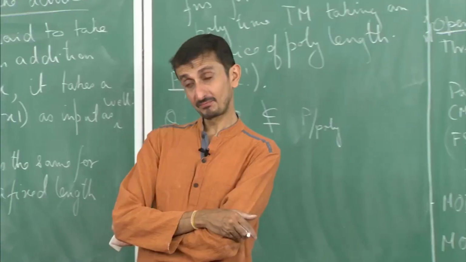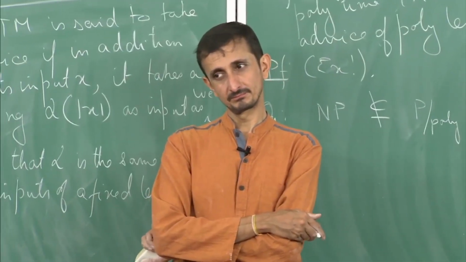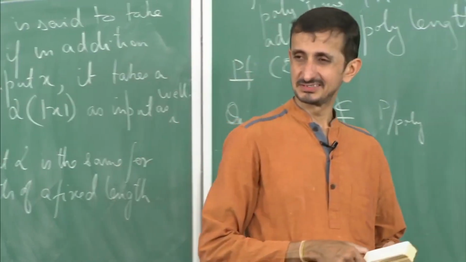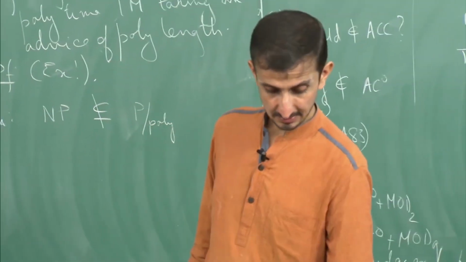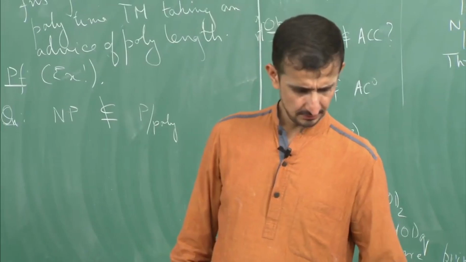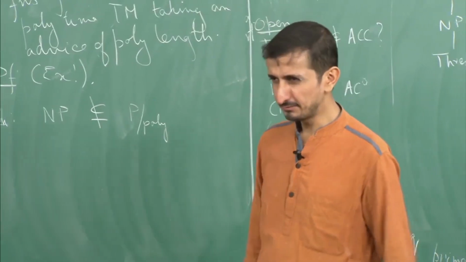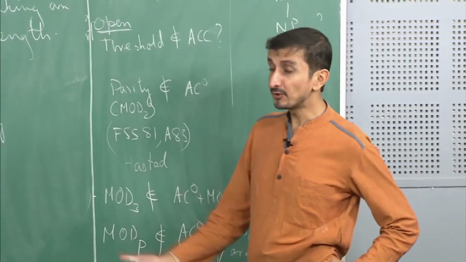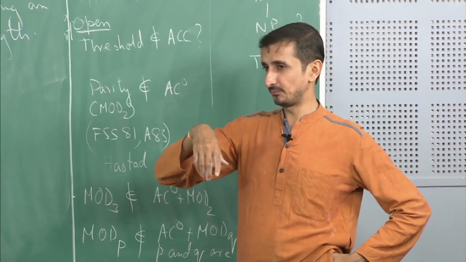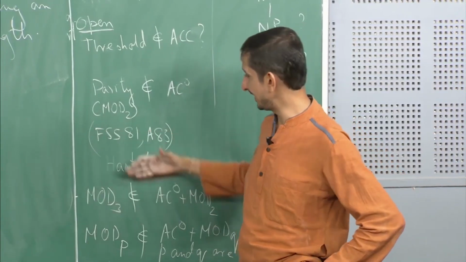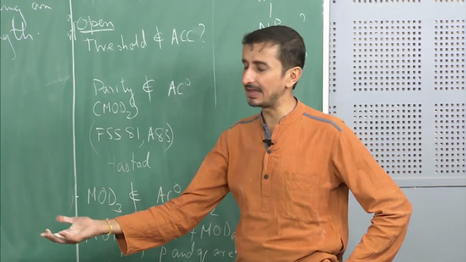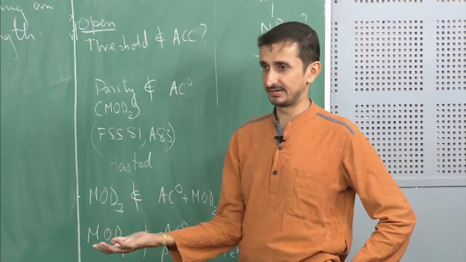So then, but that modulus will be in NP, right? Which modulus? Any mod k is in NP. Yeah, they are in NP. Mod k is in P, in fact. But you are looking at the other direction now. You are trying to simulate ACC using an NP machine.